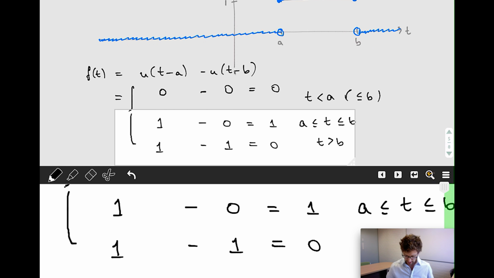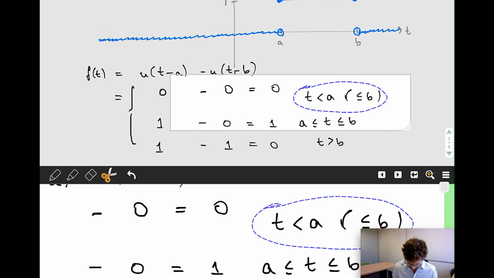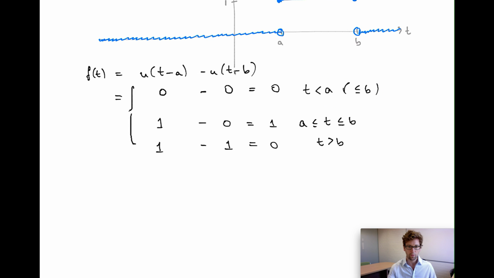So let's take a look at what the combined effect of these two Heavisides is. We can see that for t less than a, we have 0 because these two things are both 0. For t between a and b, the first one is switched on, but the second one has not yet switched off. So this is equal to 1 here.